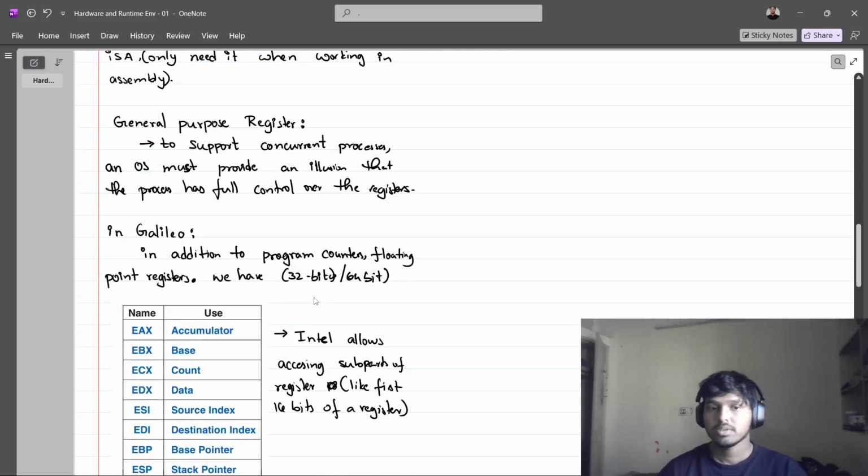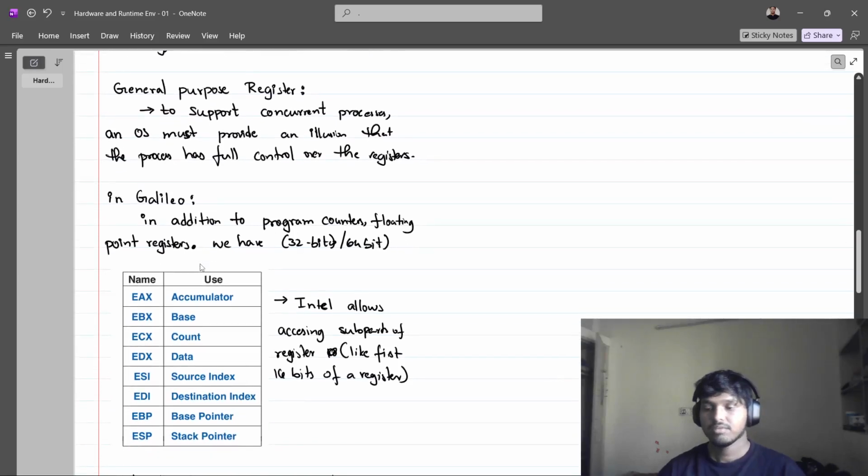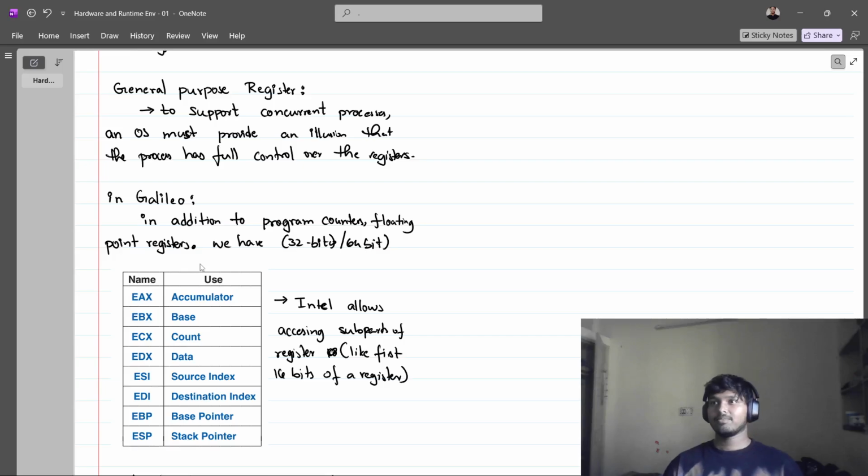So the components in this processor are general purpose registers, which could be used by the processor to do the arithmetic part or to store something. For it to run concurrent processes, the OS needs to create an illusion that the process has full control of the processor.